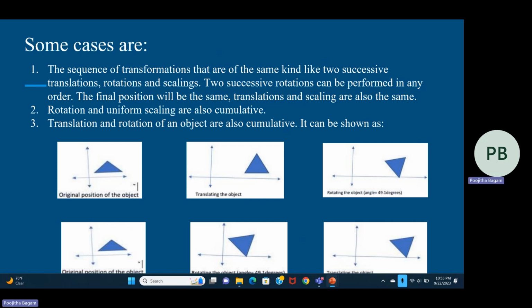And in the third case, translation and rotation of an object are also commutative. As shown here, the original position of the object is as shown in the first image, and if we first translate the object and then rotate the object, or if we first rotate the object and then translate the object, the final position of these two cases will be the same.